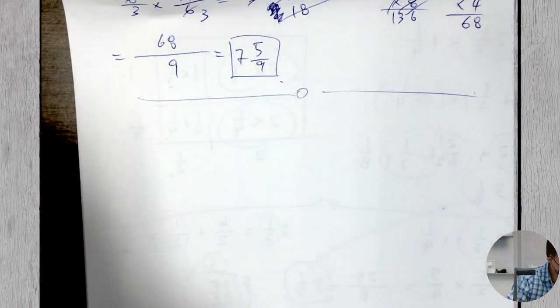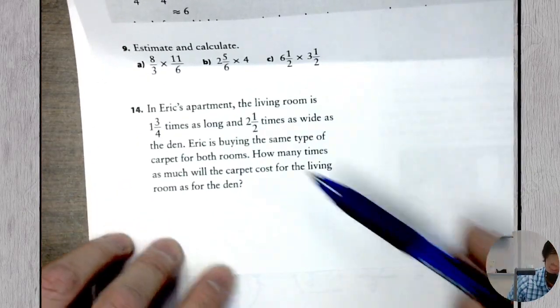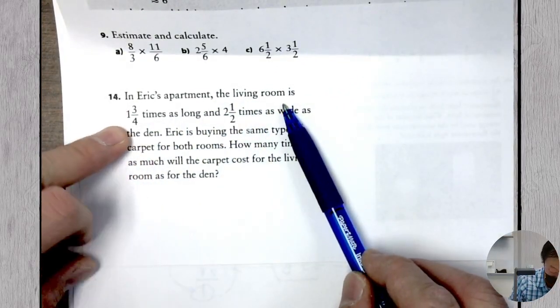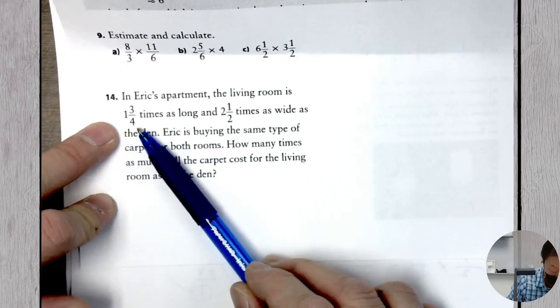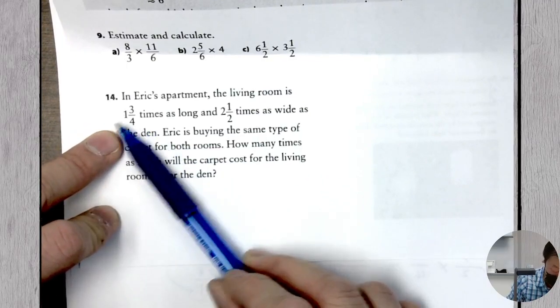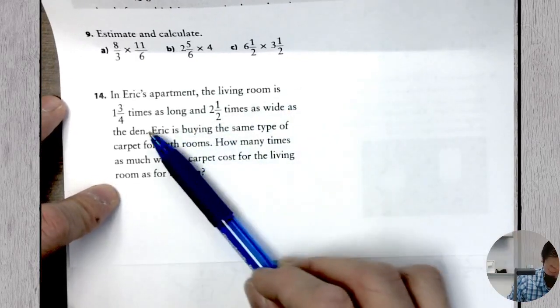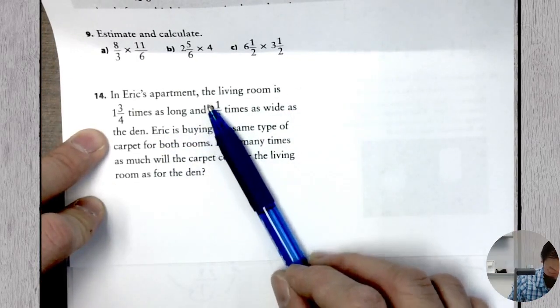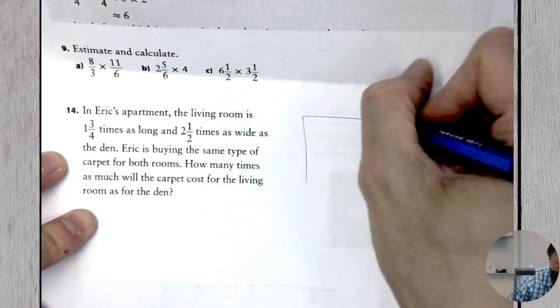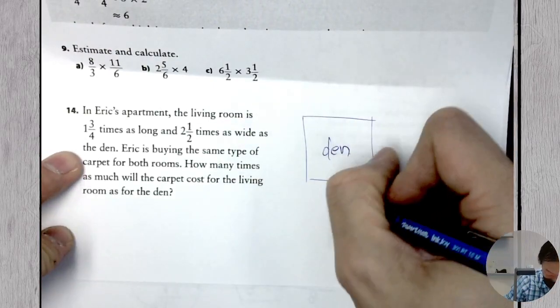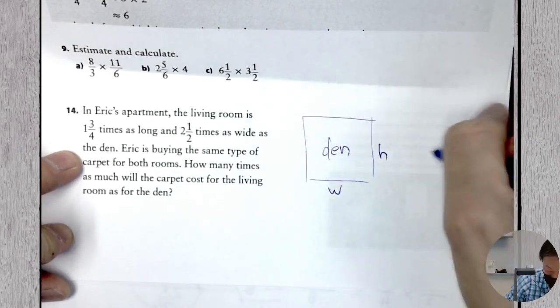All right, a quick question before we move to the division part, which is going to take no time. In Eric's apartment, the living room is 1 3/4 times as long and 2 1/2 times as wide as the den. So I'm going to call this den, and we have this. I'm going to call this width and height.